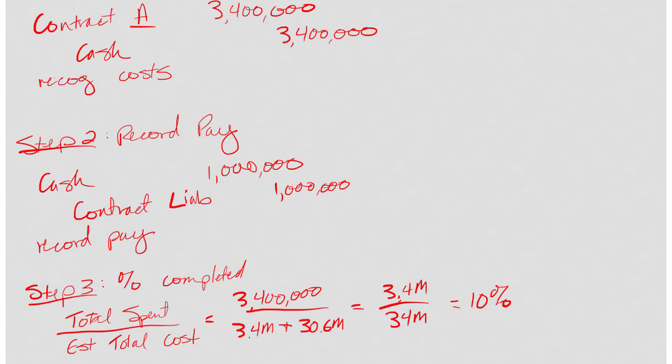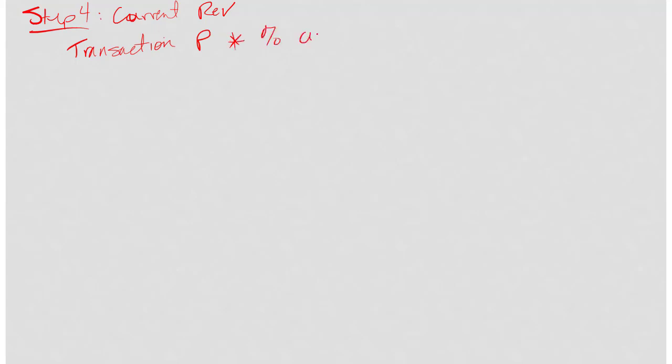Step 4, we're going to use that percentage to figure out how much revenue I can recognize now. So to calculate the current revenue, I take my transaction price times the percent completed.